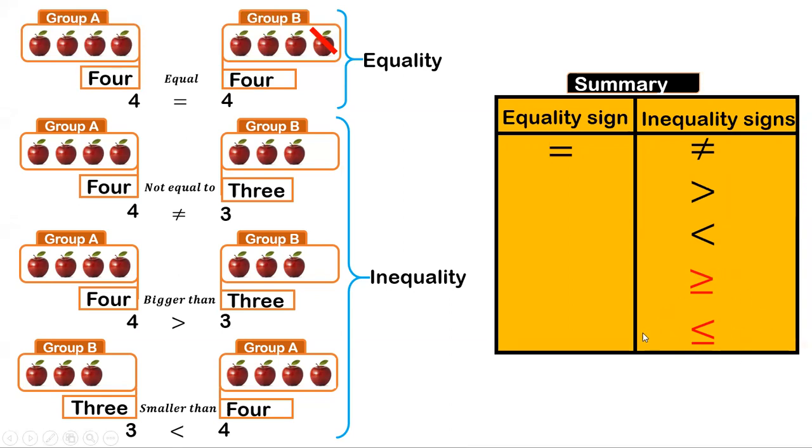Okay, now sometimes you will meet some phrases that will require you to use these symbols or signs. So let us look at some words or phrases that will require you to use these symbols. Okay, now for not equal to, you may also call it not the same as, or you may say unequal to.